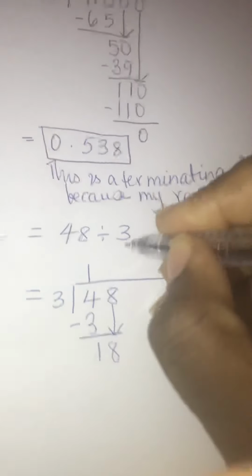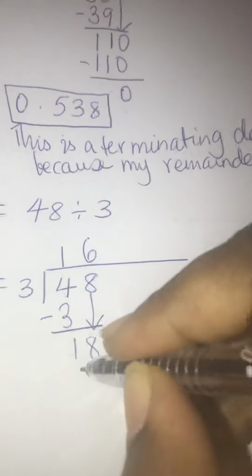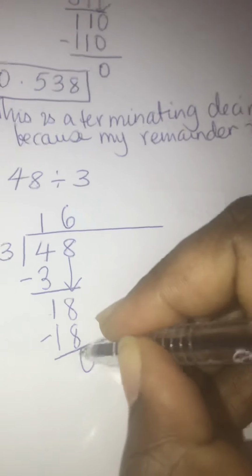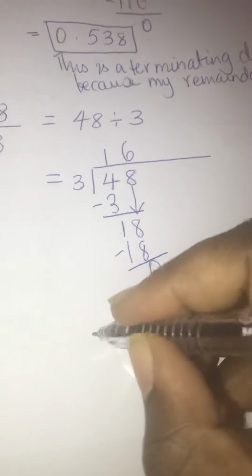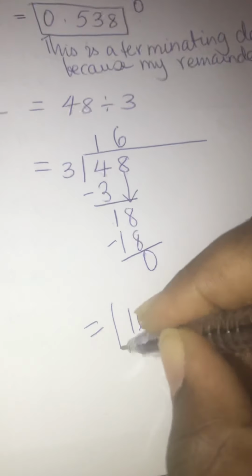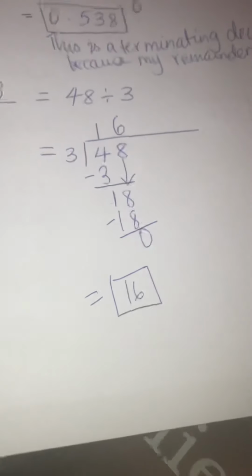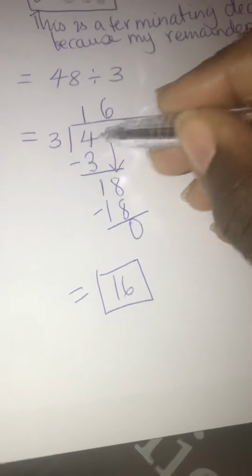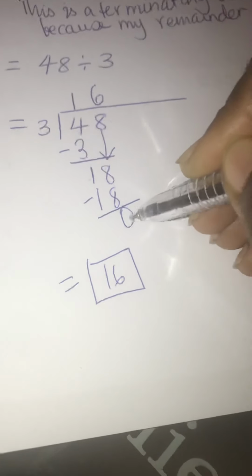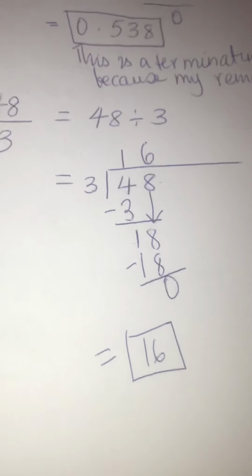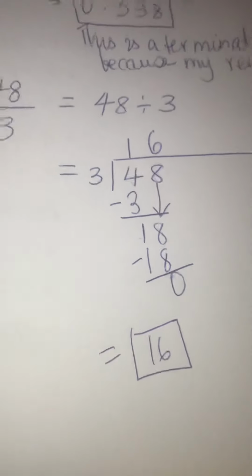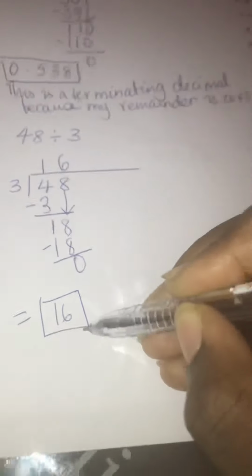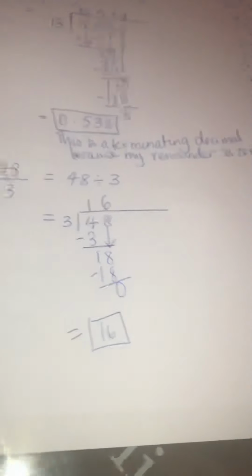Yes, 6 times. 3 can go into 18 6 times. 3 times 6 is 18. I subtract and I get a 0. So my answer is 16. Okay. I don't need to put a decimal because these two numbers, I completed them with a remainder of 0. Okay. And the same thing, this is a terminating decimal because my remainder is 0.